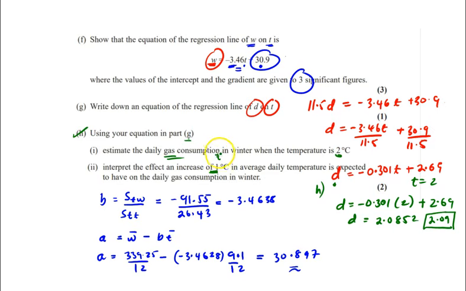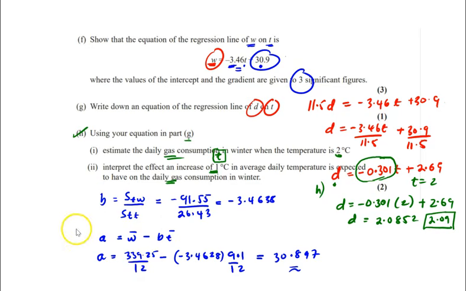The next part over here: interpret the effect of one increase of T. So what happens if T increases by 1 unit? What's going to happen to the daily consumption? The increase of T by 1 unit is going to be the interpretation of the gradient of the model.